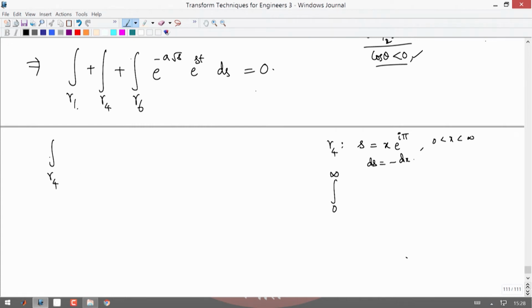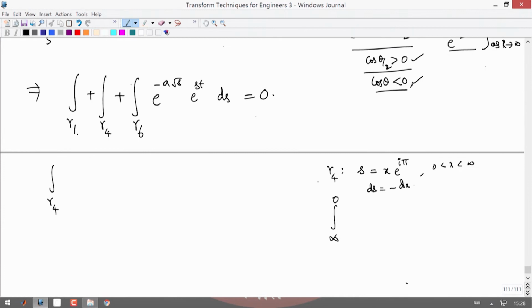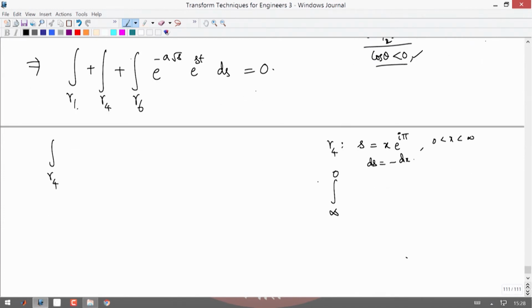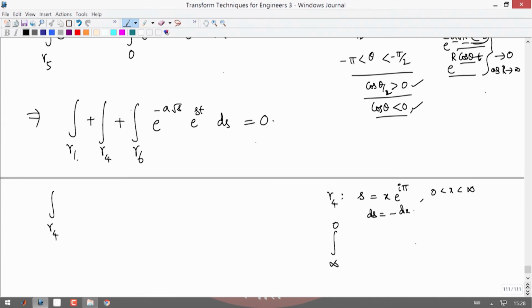So, you have to write the limits as infinity to 0, so x is between infinity and 0. Because of the direction, I am writing the integral from infinity to 0.